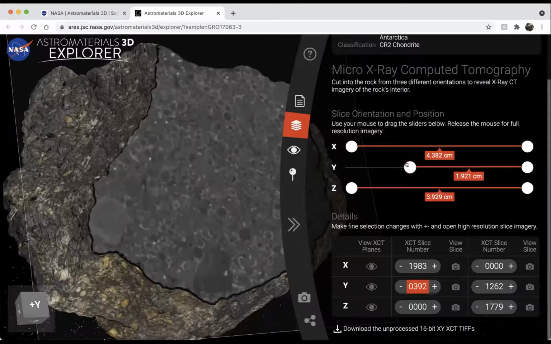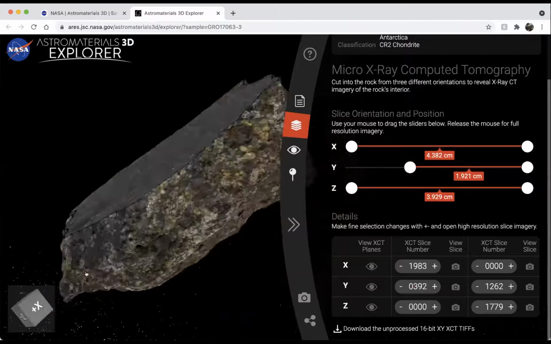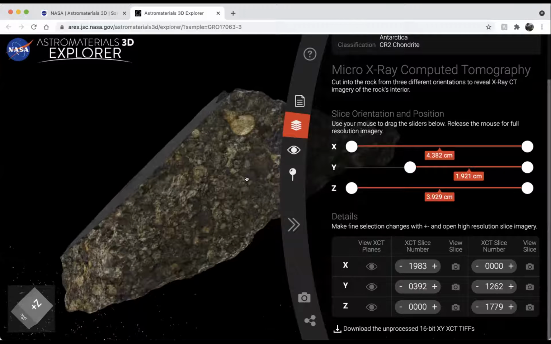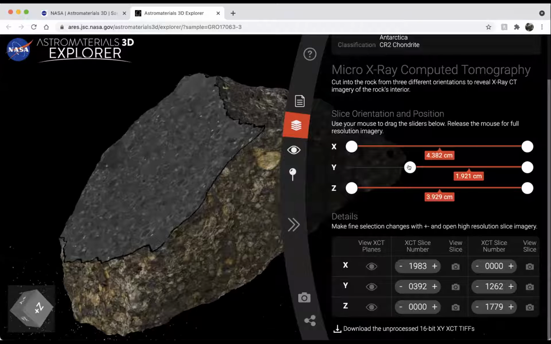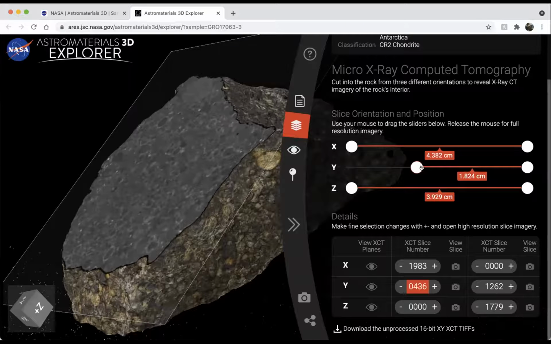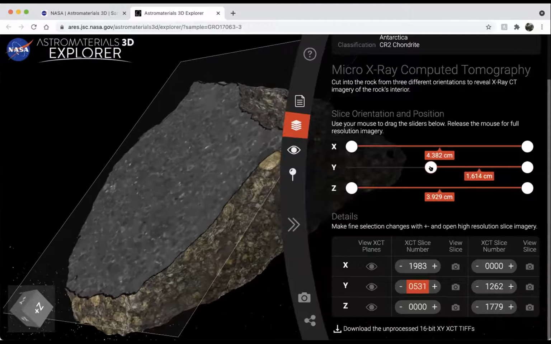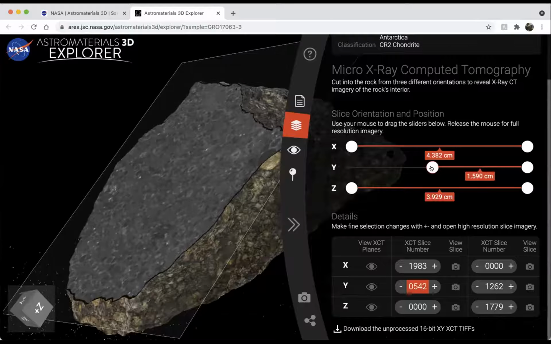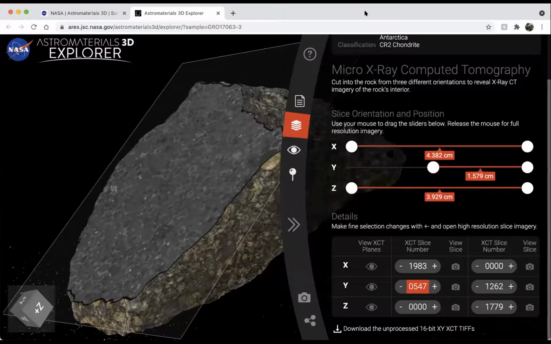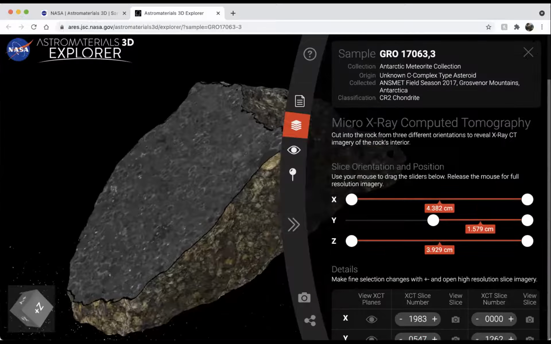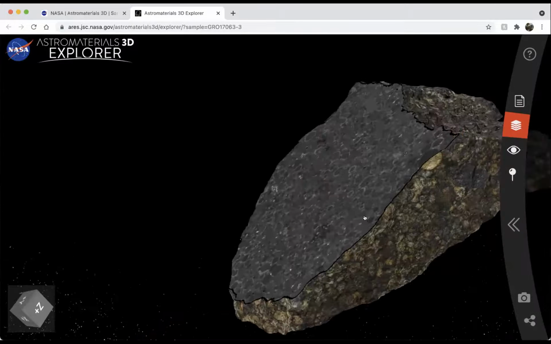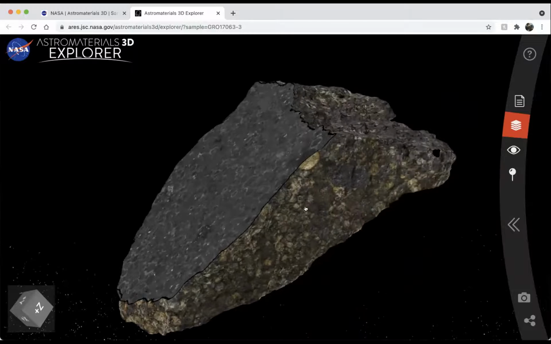And so I'm going to move over to this area here and slice a little bit further. And then I'm going to open up to questions. So let's take a look at this rock together.